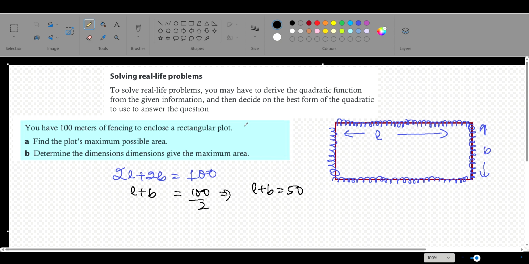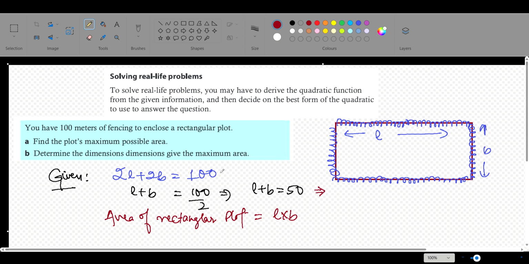Any doubts here? Now, can you tell me what is the area of a rectangle? Yes. So area of a rectangular plot is length times breadth, but we have L plus B given. So what I can do is make one term into another.